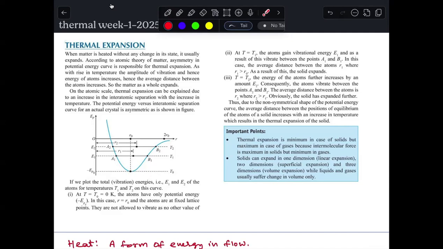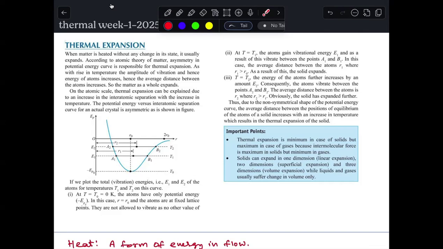So what is happening? The moment you start heating, it's oscillating. At a time, this is the minimum distance of separation, this is the maximum distance of separation in the process of oscillation, and this is the average distance of separation. Is it r naught or more than r naught? More than r naught, because of the asymmetry.